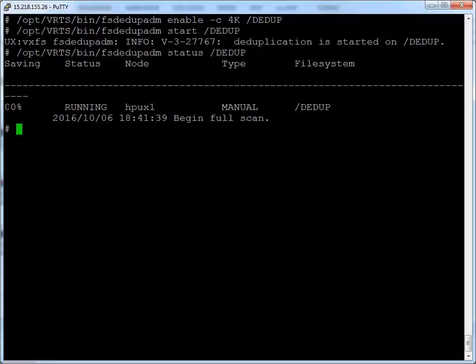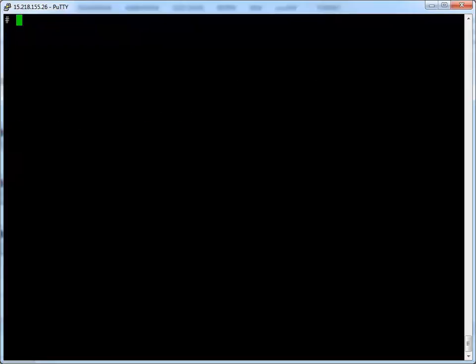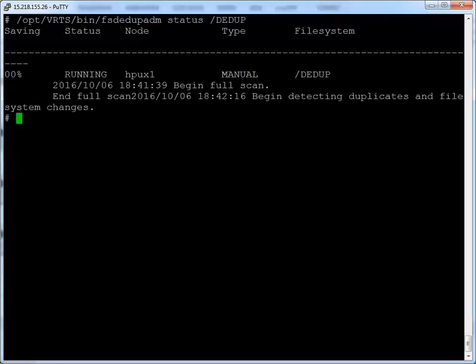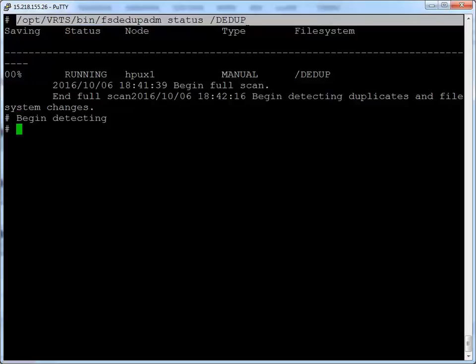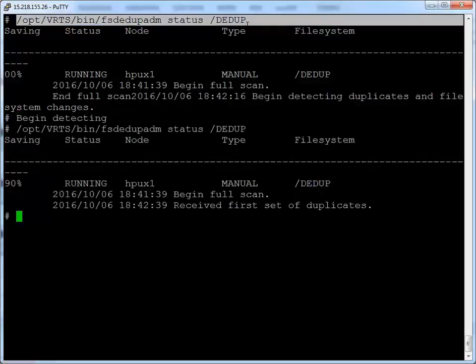Now you can see that identifying duplicate data has started. As of now, you can still see that the file system has received the first set of duplicates through fingerprinting, but the space savings is still 0%.